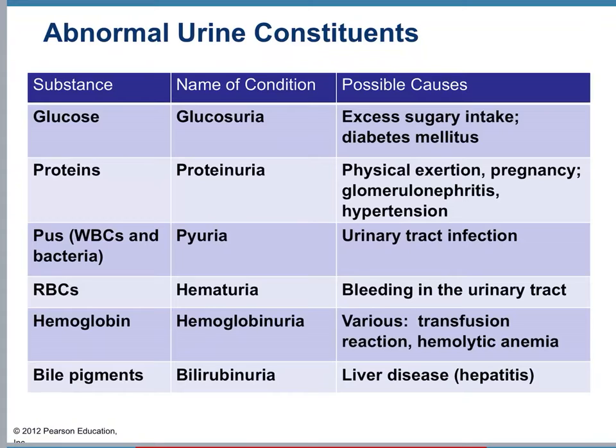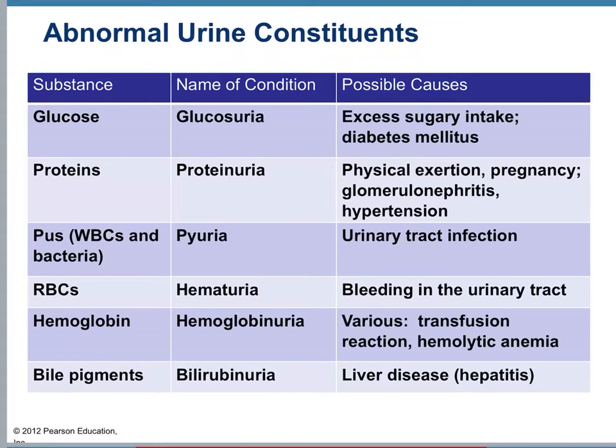Pus. You have pus, white blood cells, and bacteria. It means that bacteria is in your urinary tract and your white blood cells are fighting it, and probably means you got a urinary tract infection. If you have red blood cells, it means there's bleeding happening somewhere past those tubules and glomerulus, somewhere in the ureters or bladder or urethra.